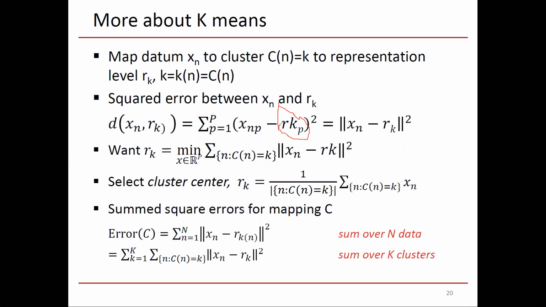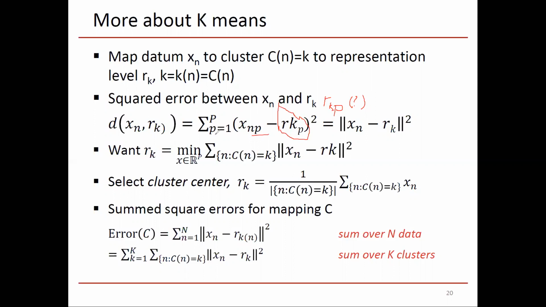Let's say we're using a 2x2 patch, so p is equal to 4. And rk is a vector, a 2x2 patch, and we want element number p. So perhaps a more consistent notation would be xnp and rkp. I'm not really sure. As long as your notation is reasonable, we'll be fine.